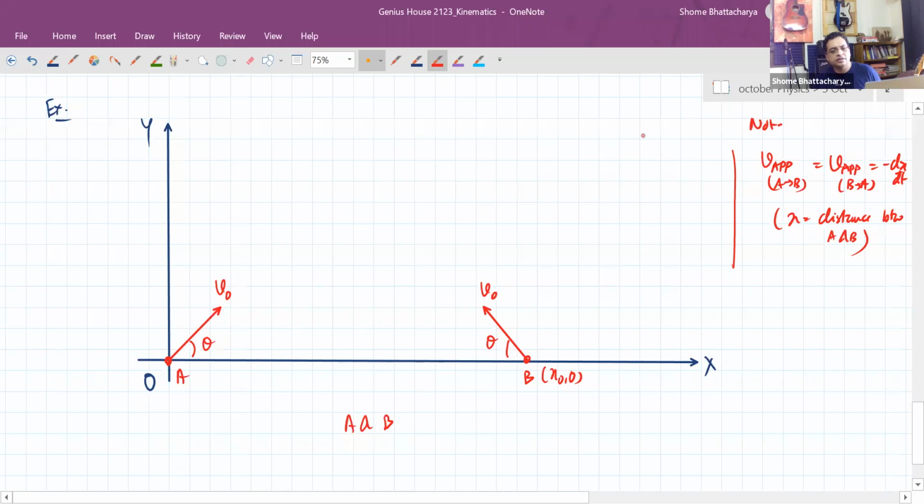Okay. Now suppose we are taking this special case in this example where A and B start moving from the position shown at time t equal to 0 with uniform velocities.